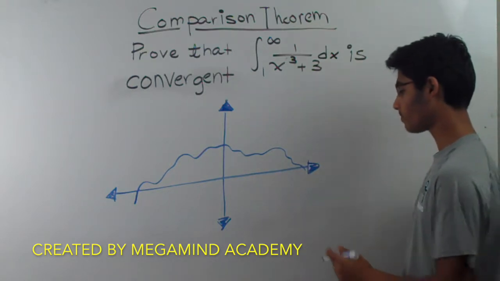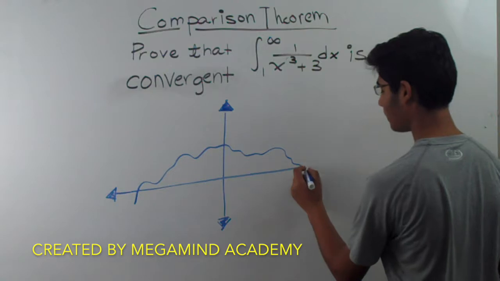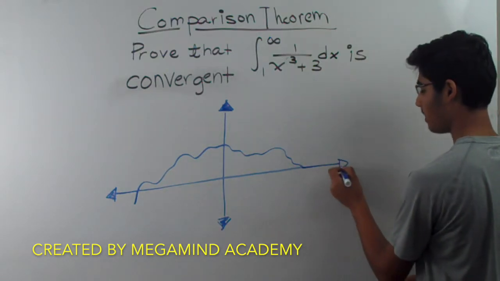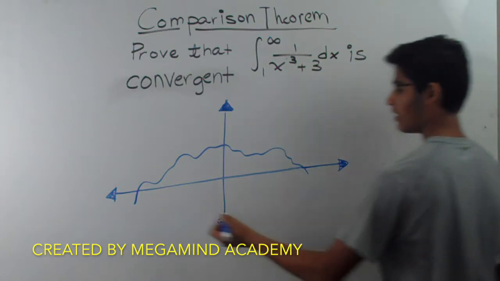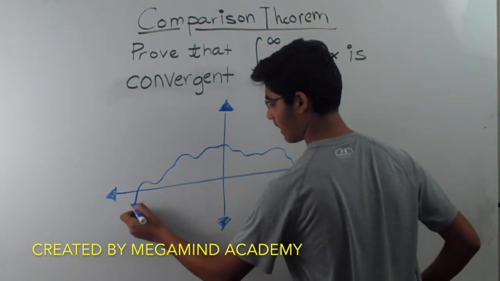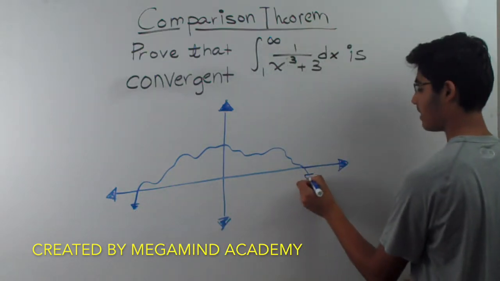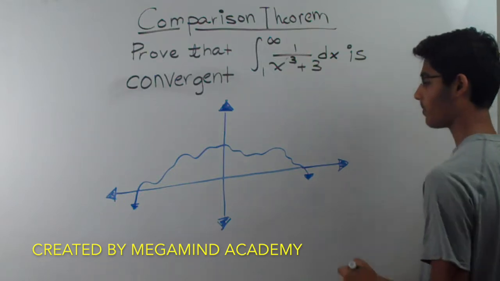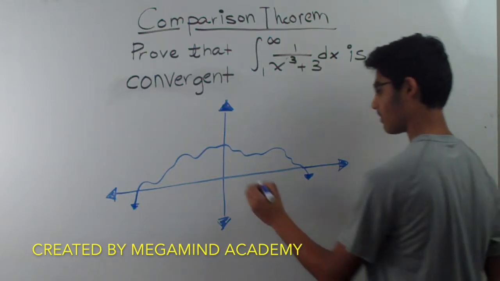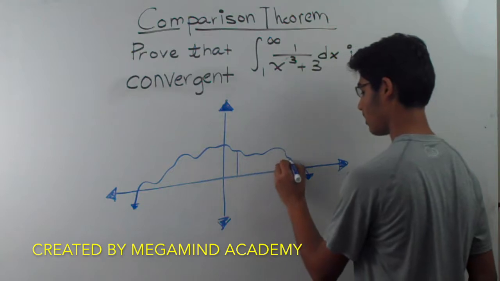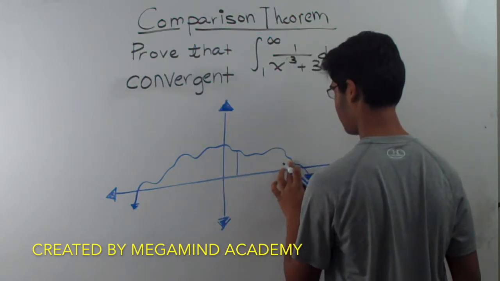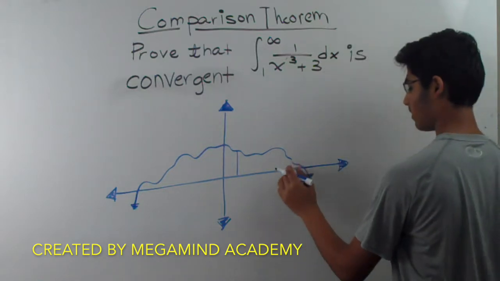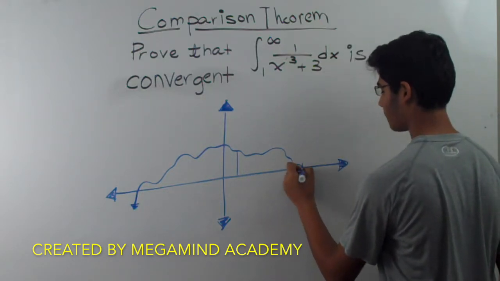And we need to use the comparison theorem to figure out whether this is convergent or divergent. And let's say that we want to find the integral from here to here.